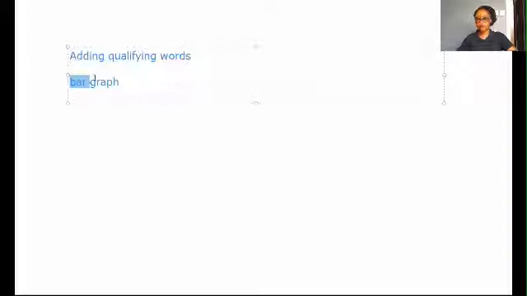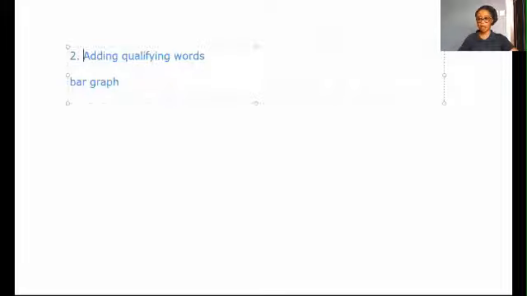So bar graph, the person now gets a clearer picture. So you're not talking about a line graph, but a bar graph in this particular question. So bar is the qualifying word that you are adding to graph to give the reader a better sense of what type of diagram you are looking at. This is the second strategy when you're looking at paraphrasing the keywords or the description that you have on a particular diagram.